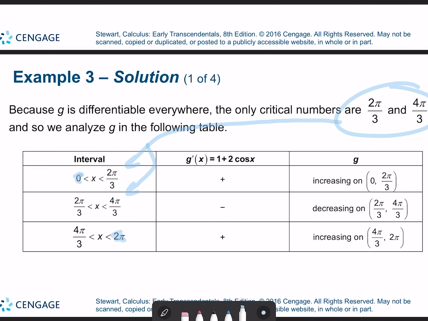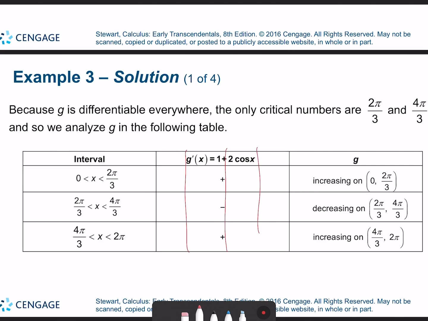And the last time we worked with a table like this, there were a bunch of columns on here, and we had minus signs and plus signs in here, and then this was f prime of x. This one's a lot simpler looking.